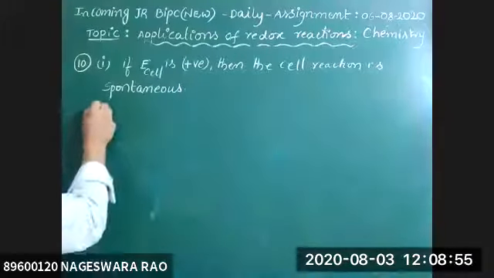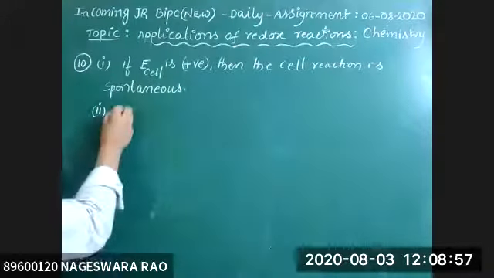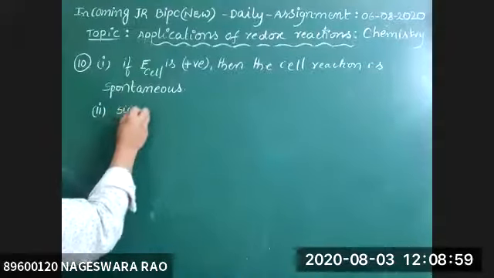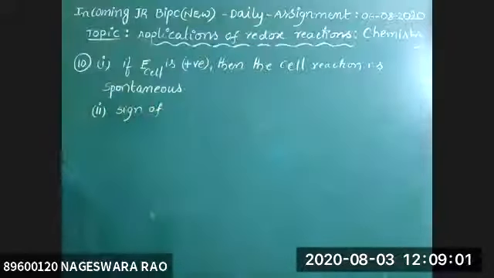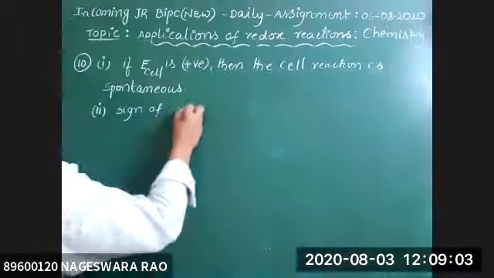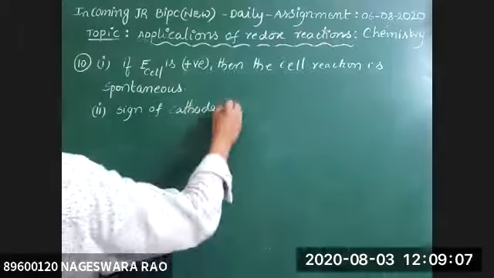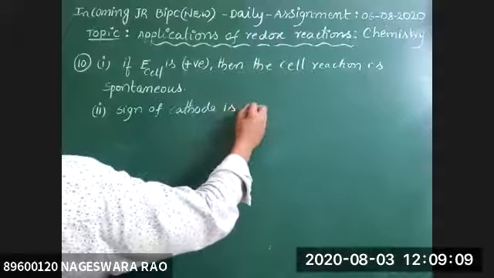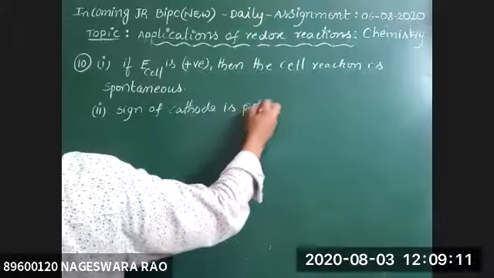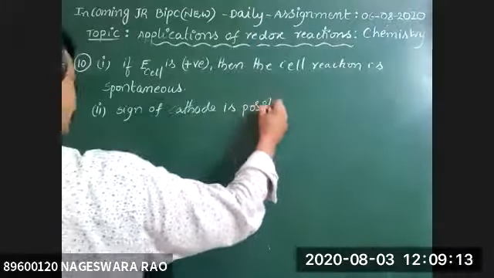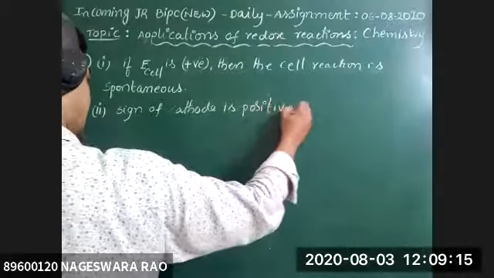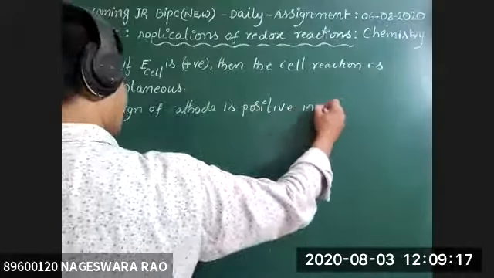Statement 2. The sign of the cathode is positive in a galvanic cell.